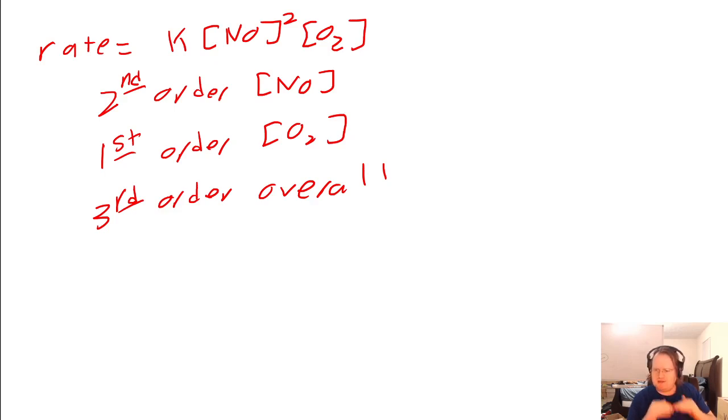The reason that's relevant is one of those steps is going to be slower than the others. And that slow step is your rate limiting step. And that's what controls how fast it goes. So that's why we're not going to see things much above second order too often. We'll see some third, but not really high ones.